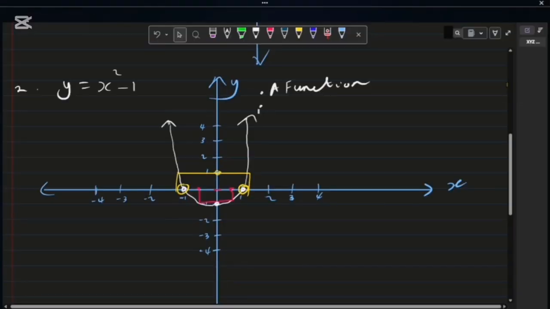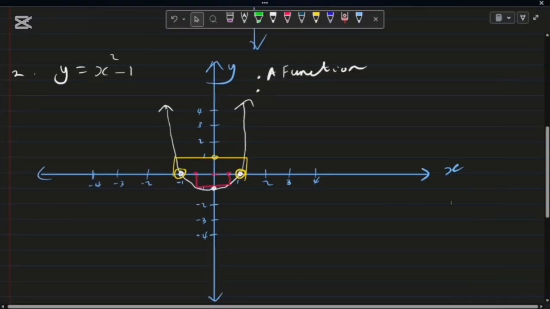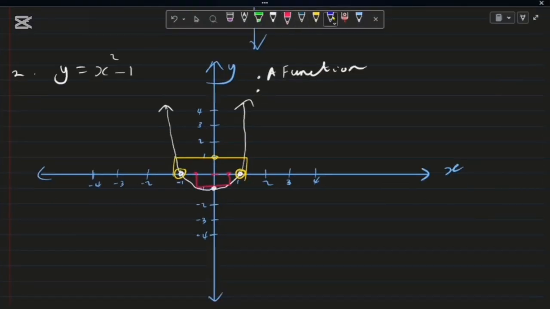We can see that we have two x values. Let me just use this. We have two x values, this value and that value, but they have the same y value. The same thing is true: we have two different x values, that one and that one, but they both have the same y value. We have been seeing this, so this is a trend in this particular graph.